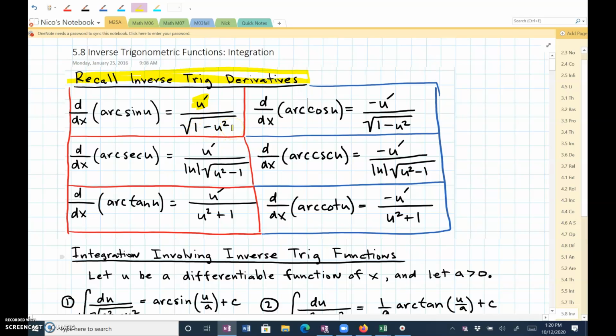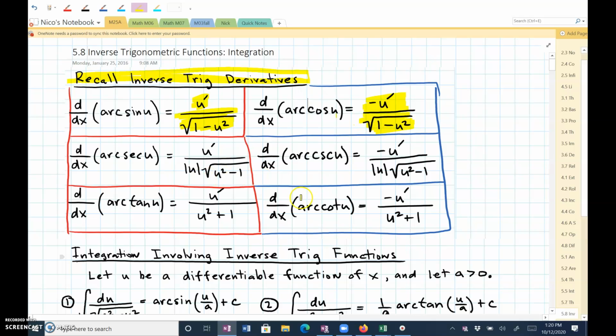Very similar with the derivative of arc cosine of u with respect to x. The only difference is now it's going to be negative u prime all over the square root of 1 minus u squared. So you can see here that this derivative and this derivative, the only difference is arc sine of u is positive, arc cosine of u is negative.